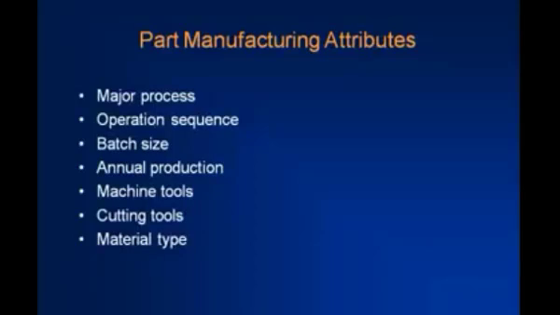Operations, which operations should be followed? Operations mean whether it could be turning, facing, milling, drilling, which one? Batch sizes, the number of the parts to be produced, annual production, machine tool, cutting tool, and material types as well.